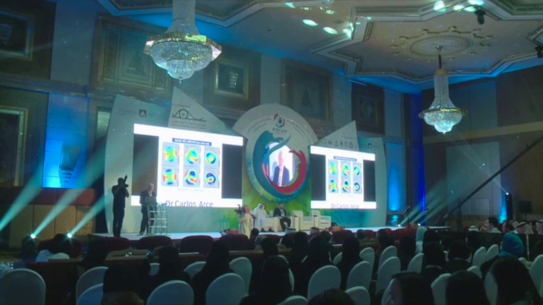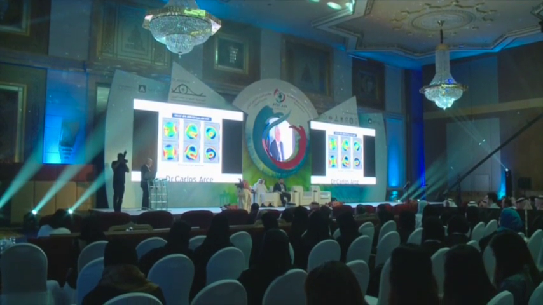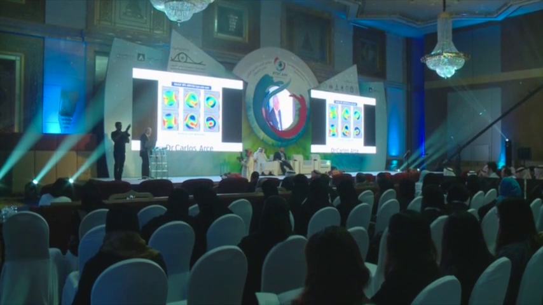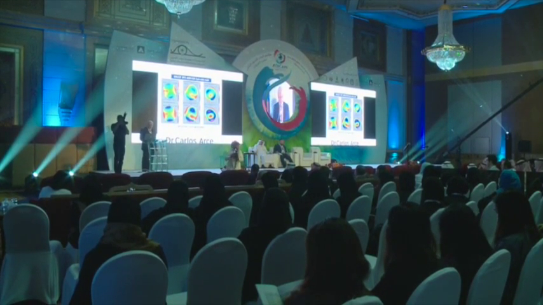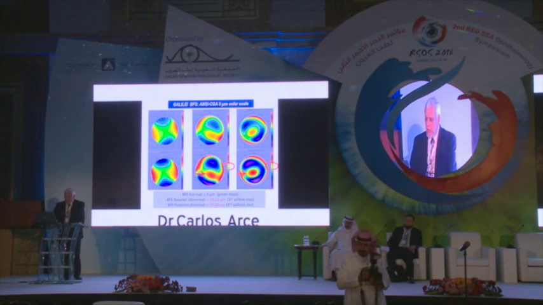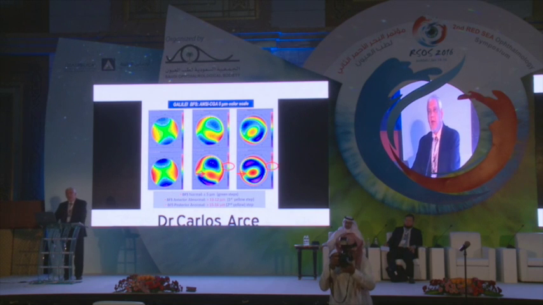And the Galilei has its numbers. The normal values are below 5 microns, green zones. The best fit sphere abnormal for the anterior surface will be 10-12 microns, and for the posterior abnormal will be 15-16 microns.